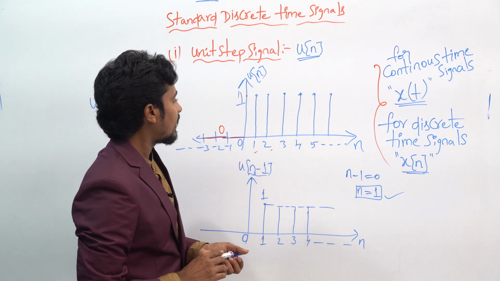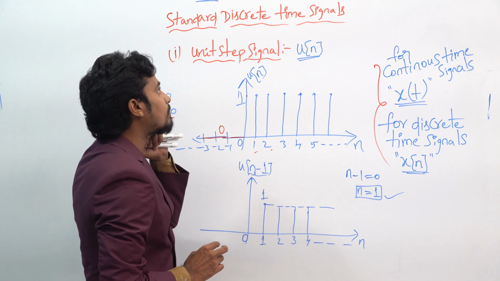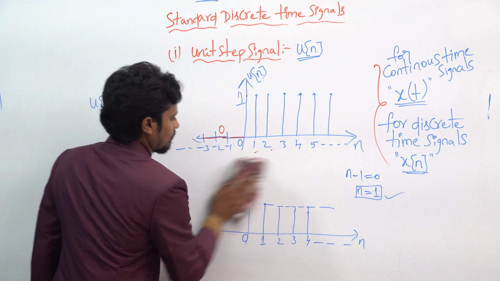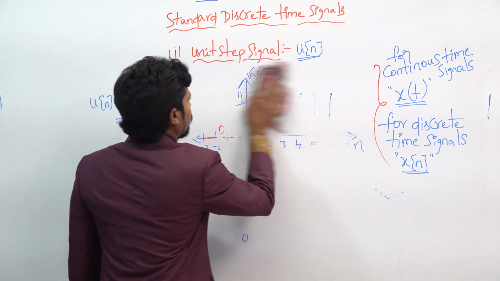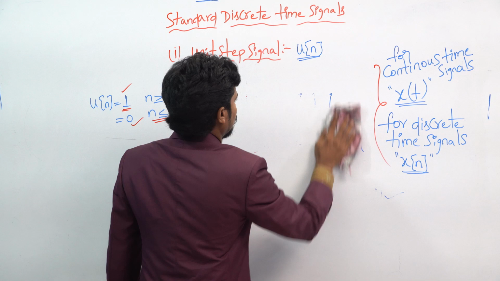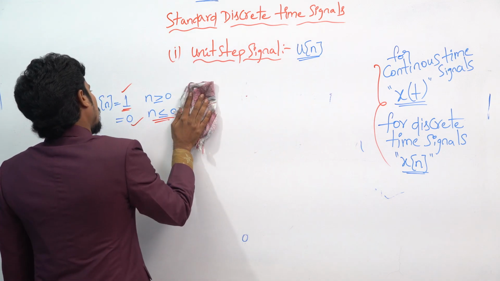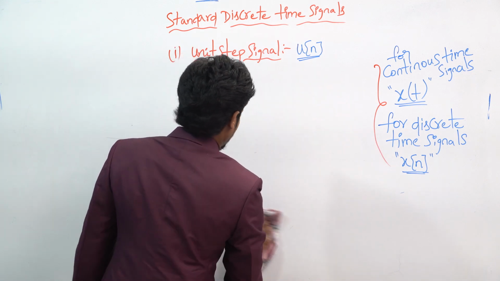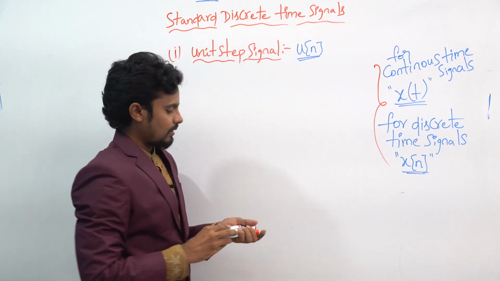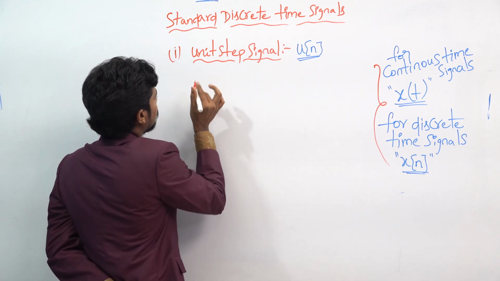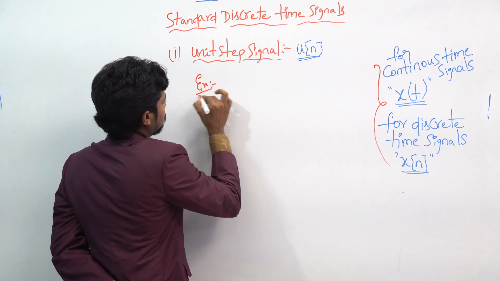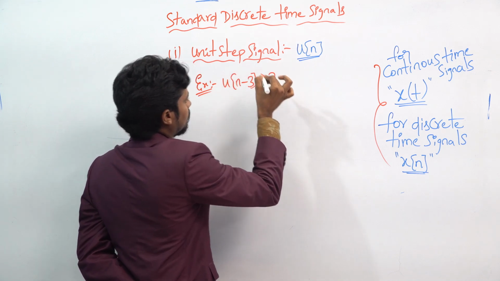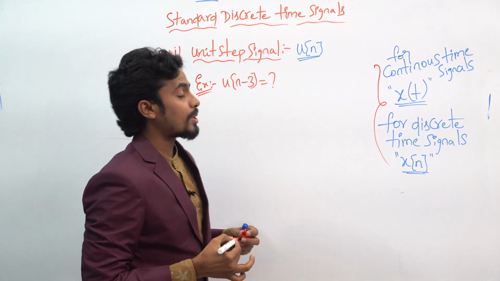Okay, let's see some quick examples based on this unit step signal. For example, if you take u of n minus 3, what will happen to the representation as well as the plot?